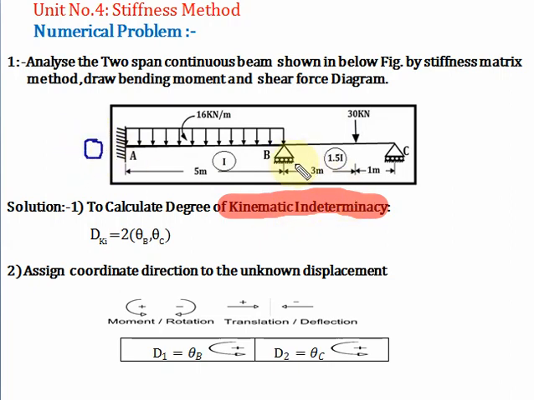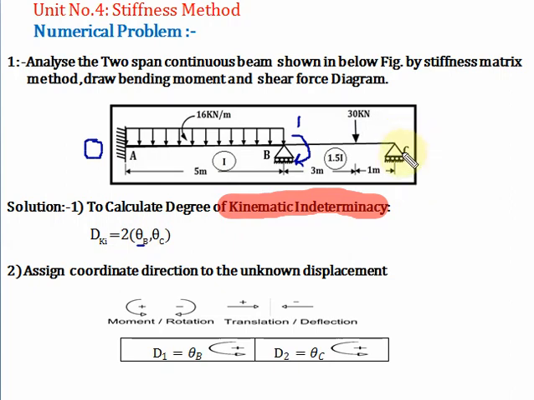At support B there is a roller support, and for a roller support the degree of kinematic indeterminacy is 2, but we neglect the axial displacement in x direction, so here there will be only one degree of kinematic indeterminacy, that is the rotation at B, and we call it theta B.